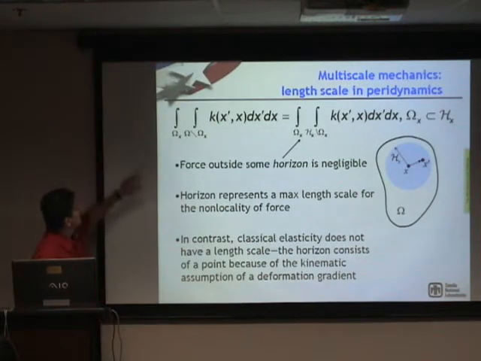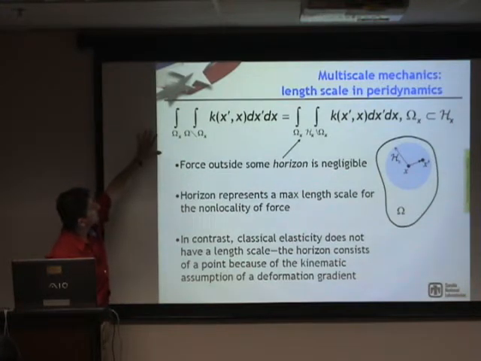Okay, so multiscale mechanics, where's the length scale? If I integrate that force density, that integral operator, I get back a force, and by using anti-symmetry of the kernel K, I can get this quantity right over here, so that the term on the left represents the force that all the material outside of omega x within omega exerts on omega x.